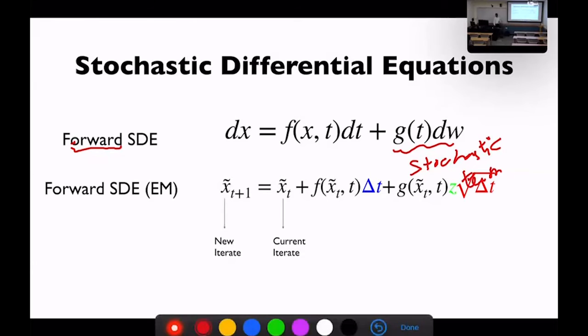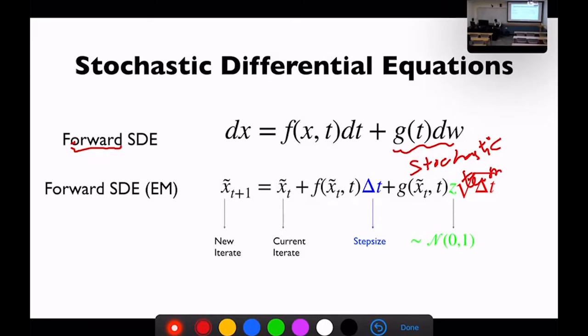X_{t+1} is the new iterate, and this is your step size, which you have to choose because it's a discrete, iterative algorithm. The only thing you have to do is convert this dW into a Brownian motion.